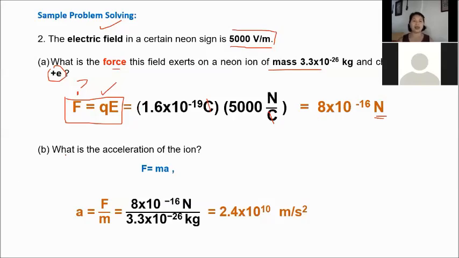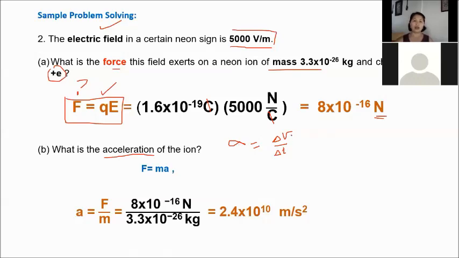Okay. Next, what is the acceleration of the ion? When we think of acceleration, recall the acceleration formula from General Physics 1: change in velocity, or v2 minus v1, all over change in time, or delta t. Delta v over delta t is acceleration.